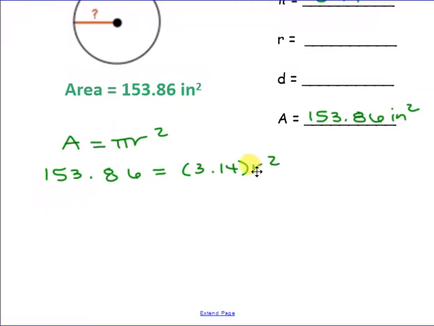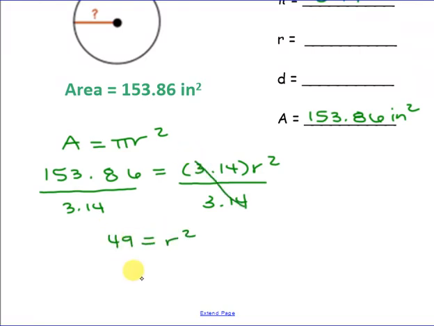We want to get the r by itself, so we're going to divide both sides by 3.14. When we take 153.86 divided by 3.14, I get 49 equals, these cancel, and I'm left with r squared.